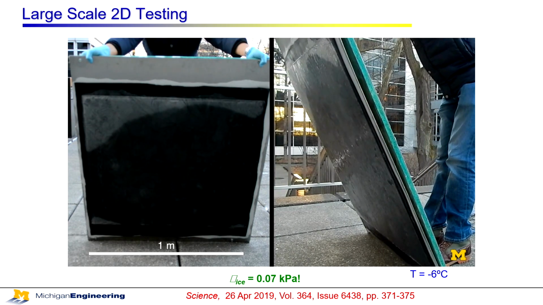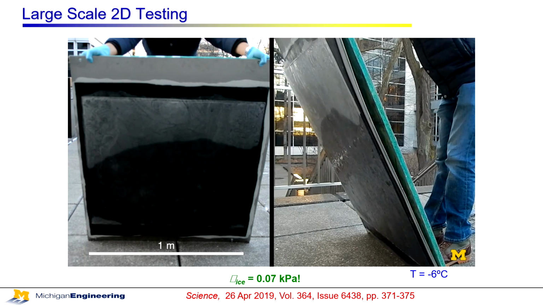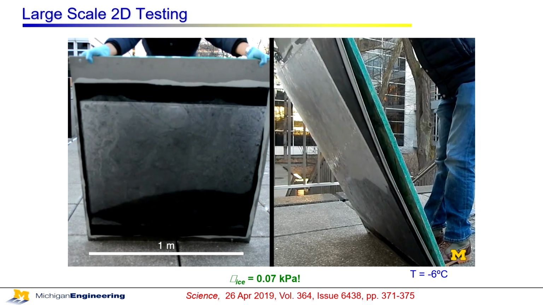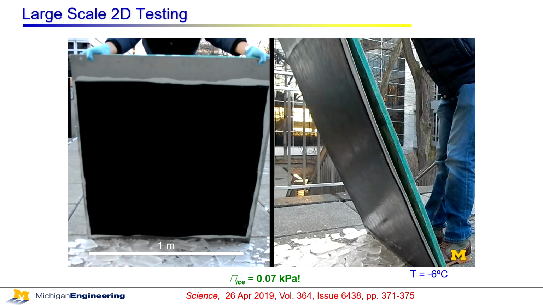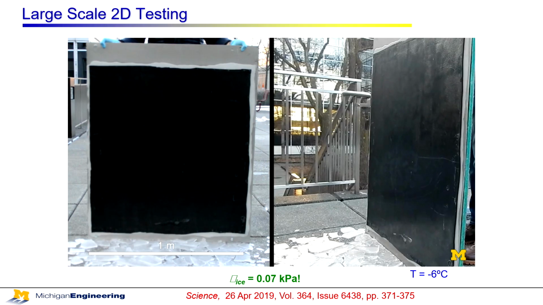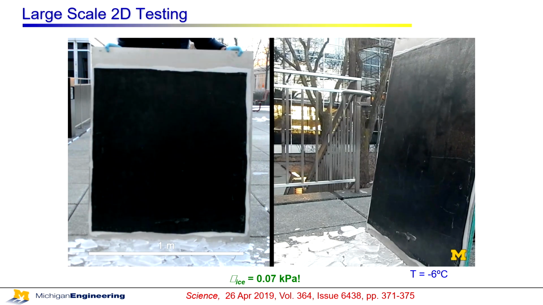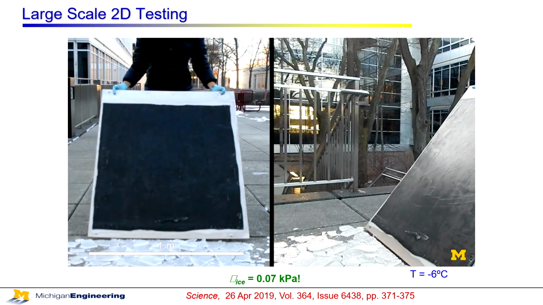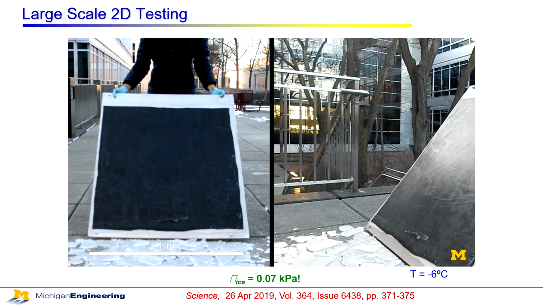And this is all at -6, so just outside during the winter. And that crack just allows for self-delamination. The entire block just falls off under its own weight, right? So, and the bigger you make this block, the better it is, because the force required is still the same. If I make it even bigger, it's even easier for us to shed that ice or have sort of self-detachment.